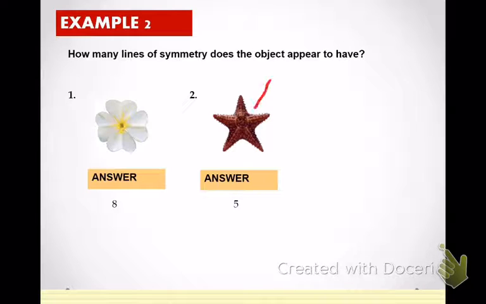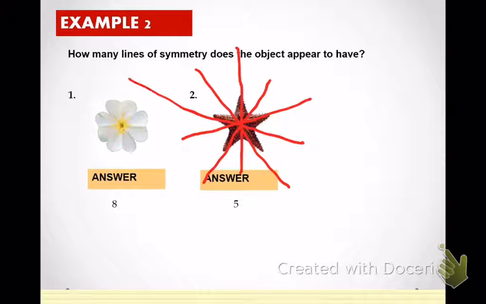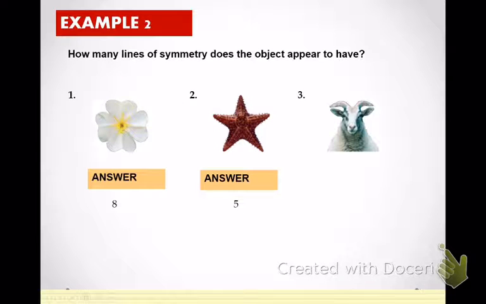We've got one here, one here, one here. Then for each point of the starfish, we would have one here, and one there. So there's 5 lines of symmetry. For the sheep, there's 1 right down the middle, right there.